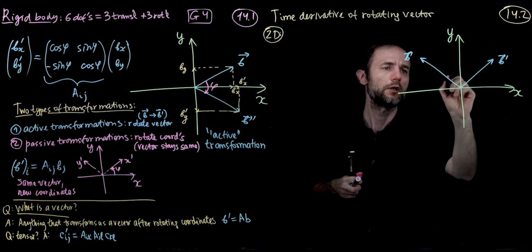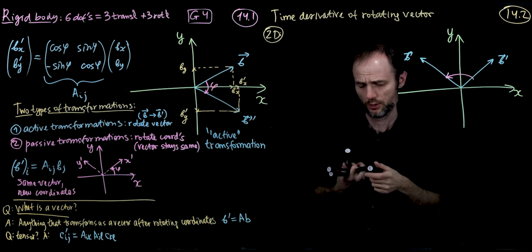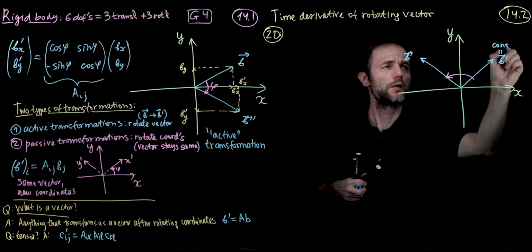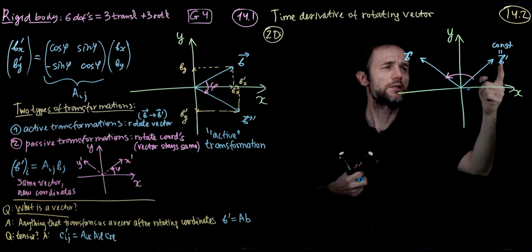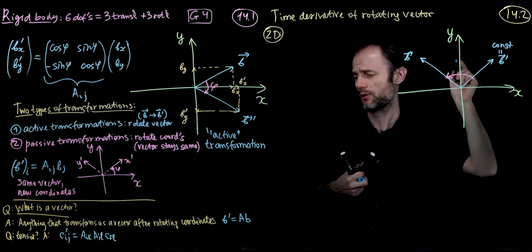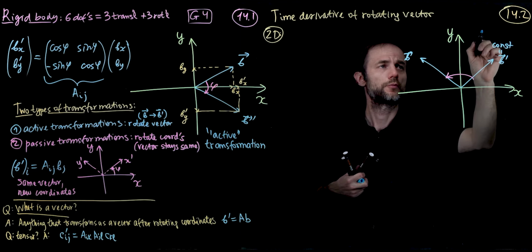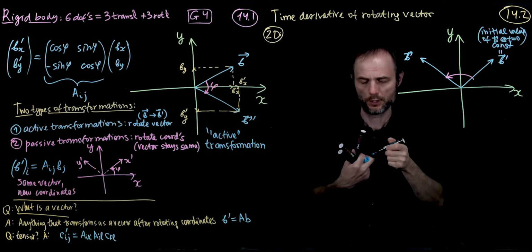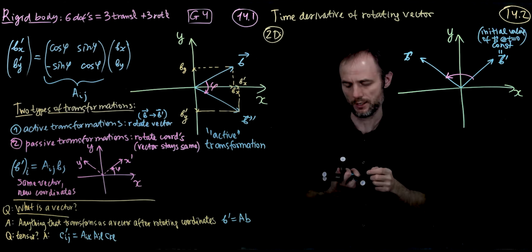So this is how the vector has rotated. This b prime is going to be a constant, it doesn't change in time, and that is the initial value of b at t equals 0. Okay, so at t equals 0 we start b at b prime, and then we rotate it.